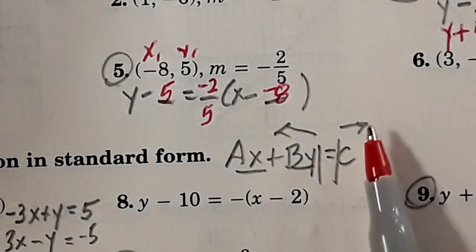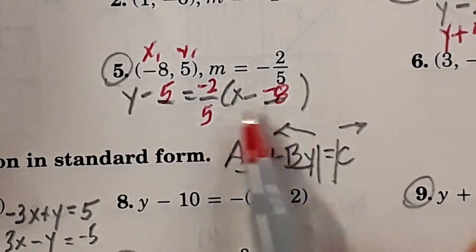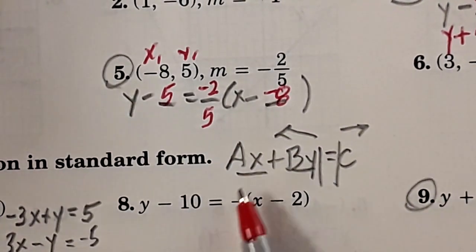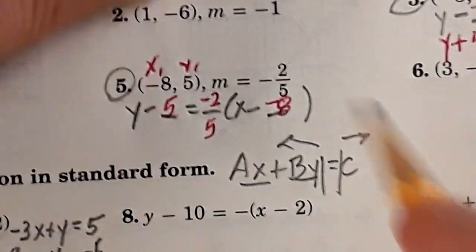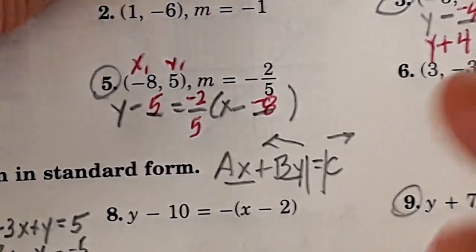Now you simplify. So I'm going to simplify over here to the right because I'm running out of room. Okay? So the next step is, because I got to put this in point slope form, all you're doing is simplifying it.